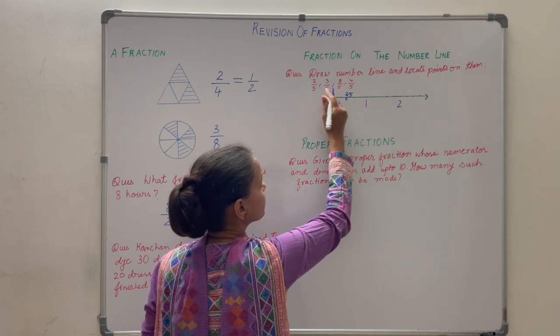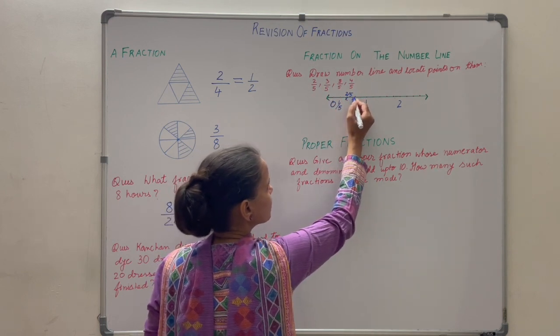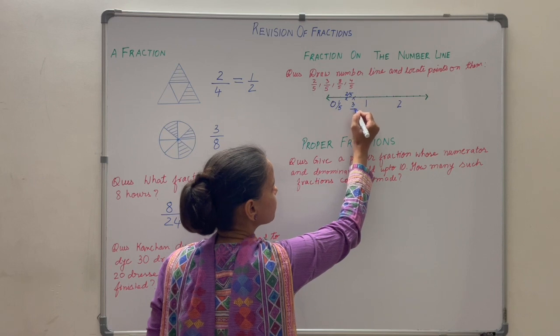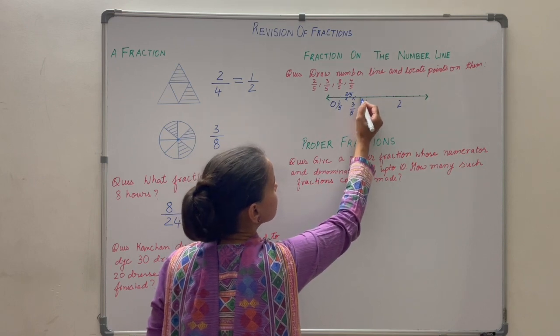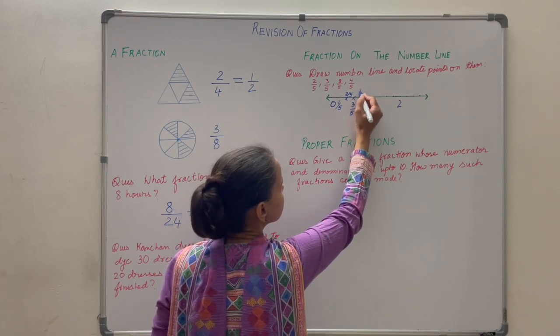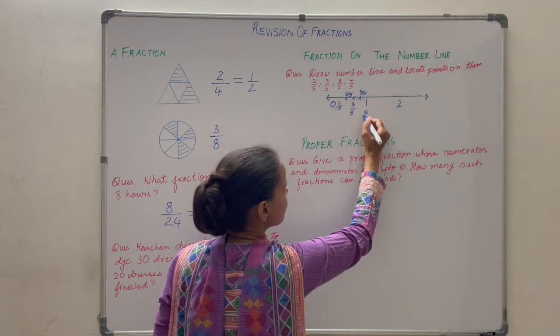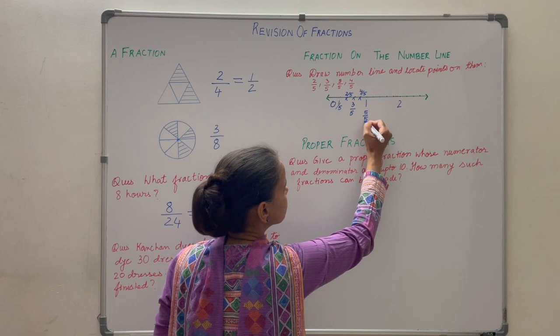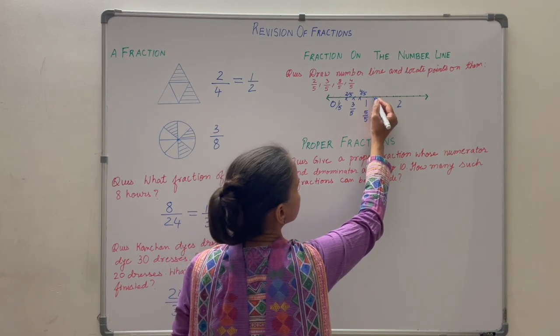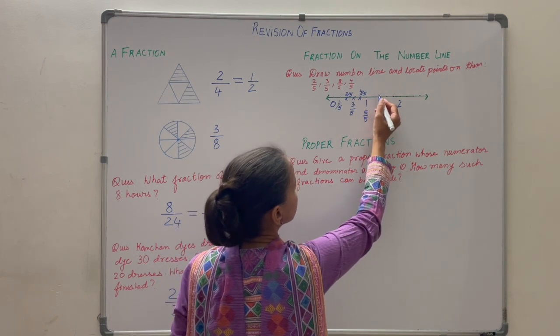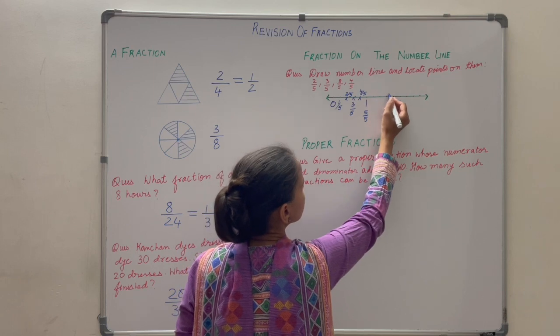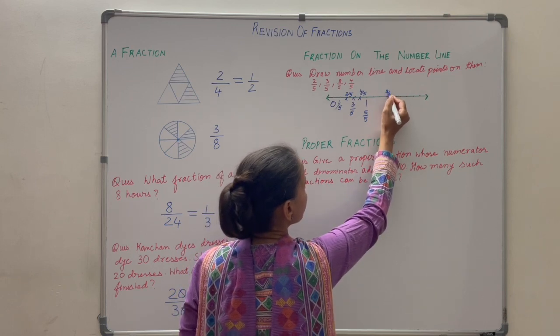So that is what they have asked, the first one. This is 3 by 5. This is 4 by 5. And this 5 by 5 is 1 whole. This is 6 by 5, 7 by 5. This is 8 by 5.